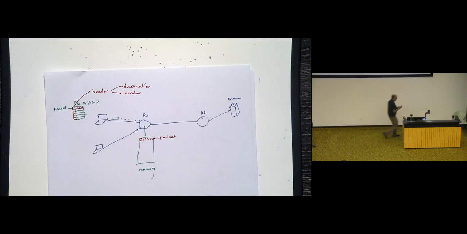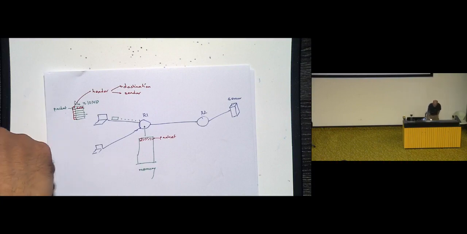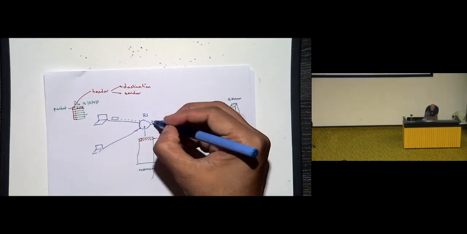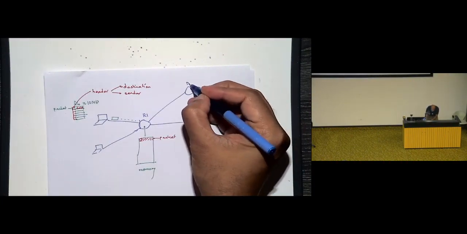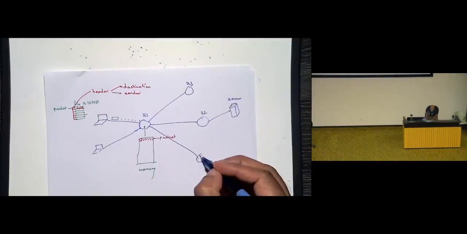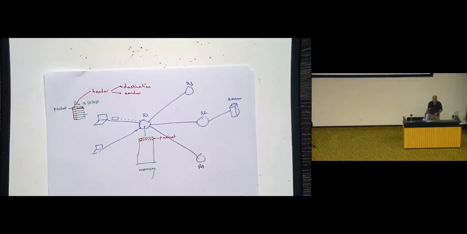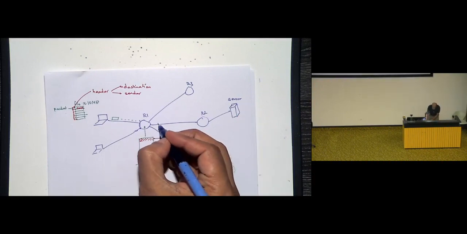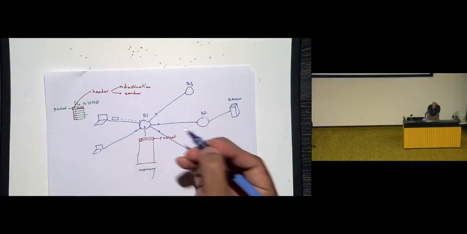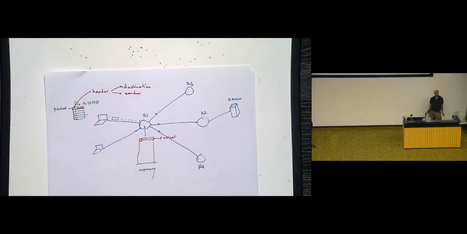In my diagram here, I had only one cable going out of router 1. But let's say there are other routers it's connected to. You want to go to this particular server. Should I send it here, here, or here? The router needs to make a decision.